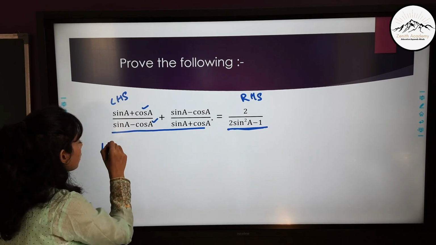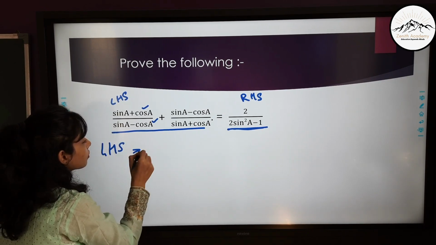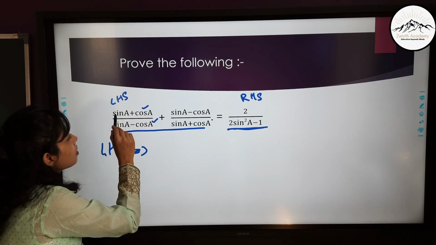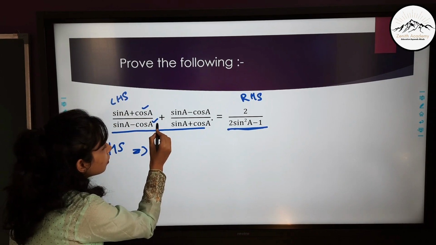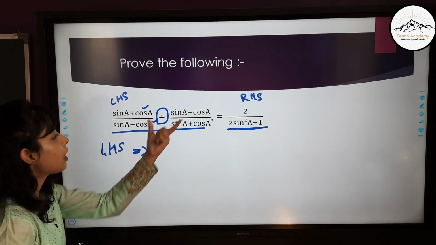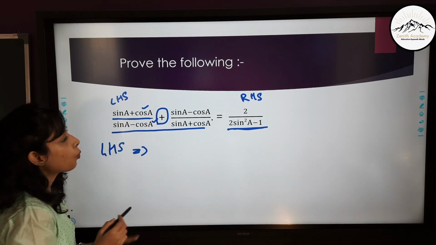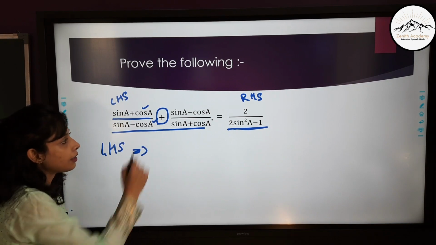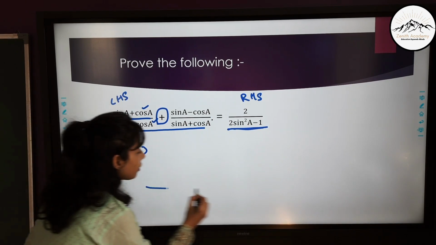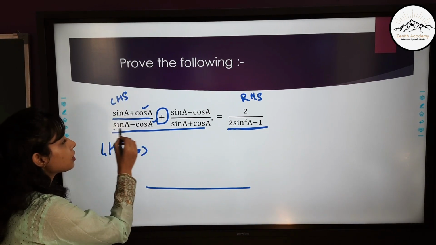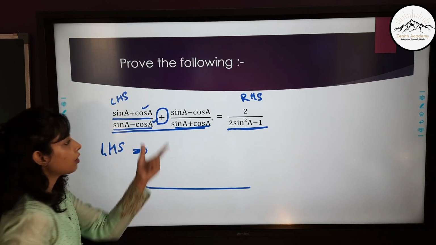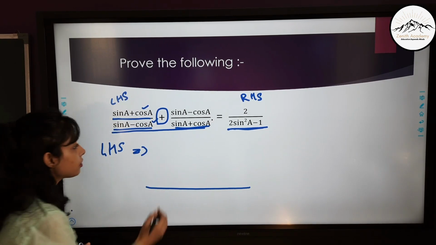See, for LHS, these are the basic terms. Now what we can do is just add them. So when we add these, we first take the LCM, by multiplying both the denominators.